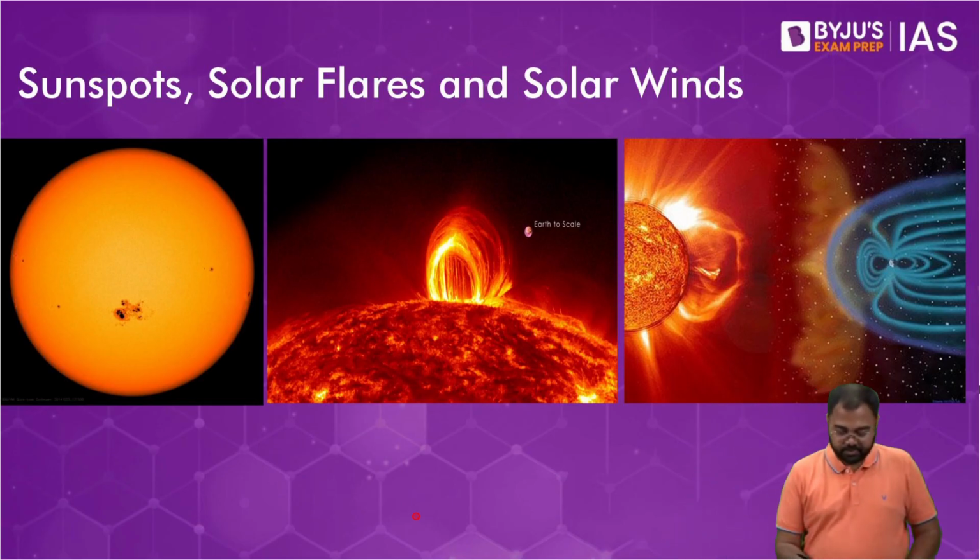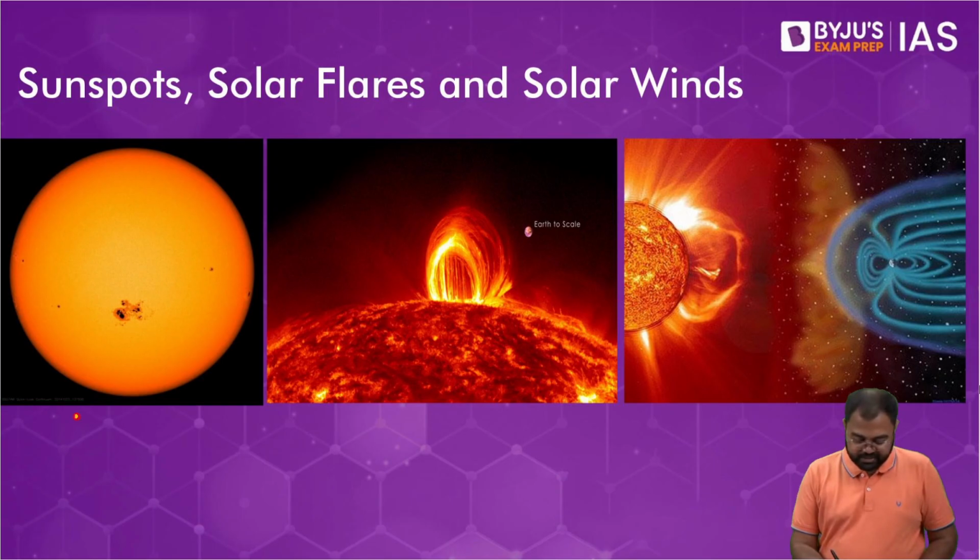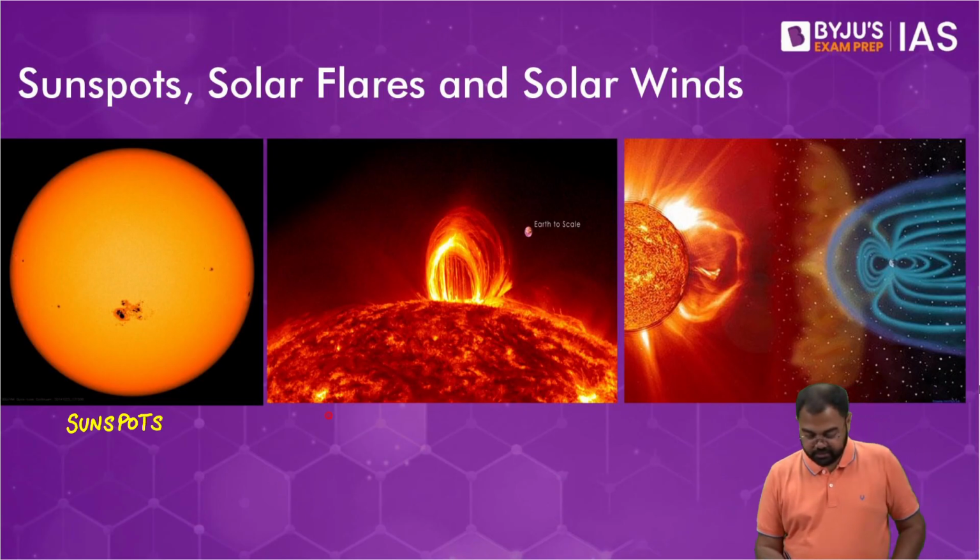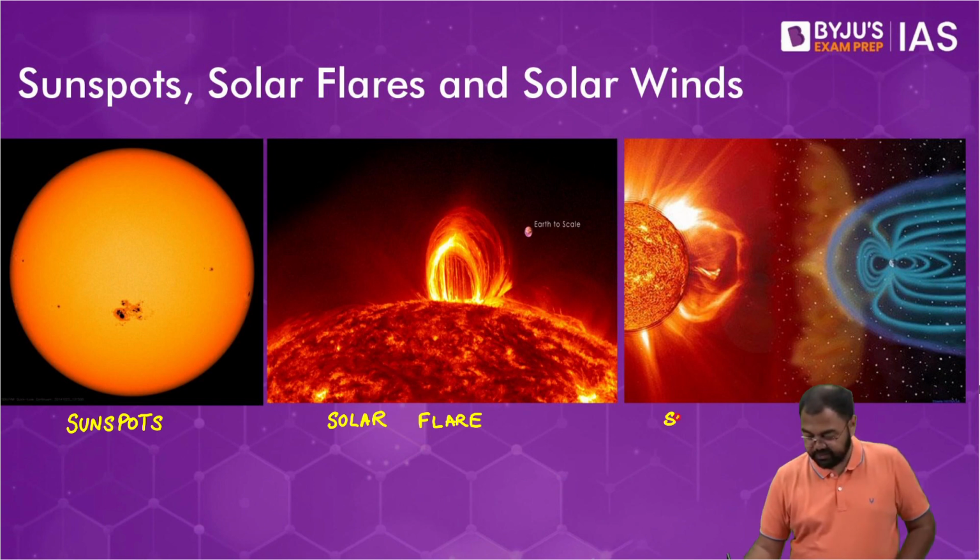The first picture that you see is a sunspot. This is the picture of a solar flare. And this picture signifies solar wind.